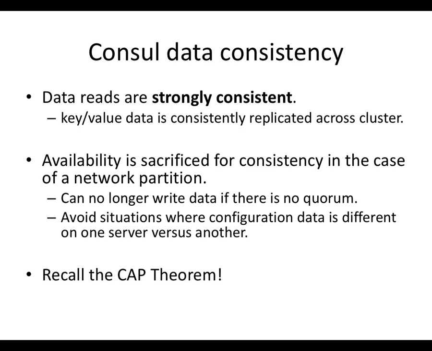In the case of Consul, and this is true with most of these service discovery platforms, they decide to make this sacrifice. And this goes back to the CAP theorem once again. They decide that they're going to sacrifice availability in the name of consistency. So they're going to prioritize consistency above all else.